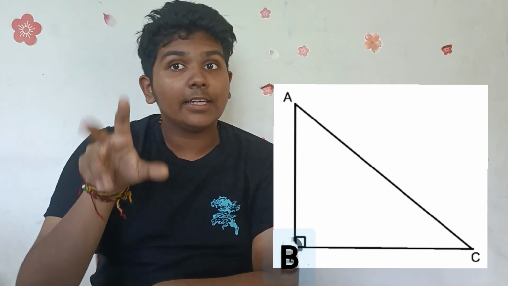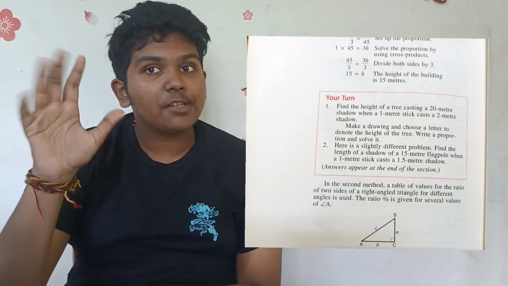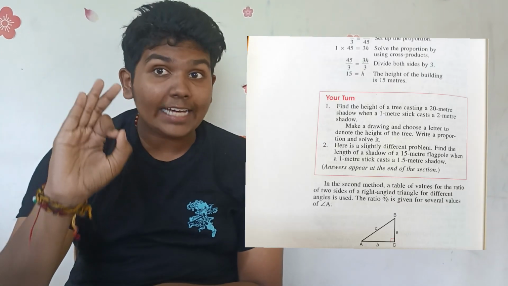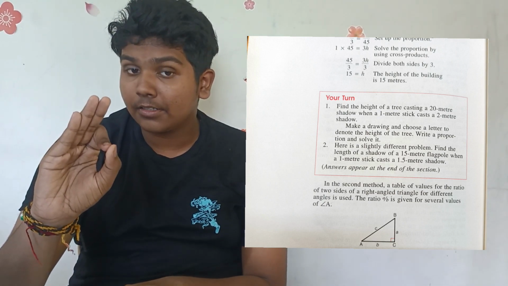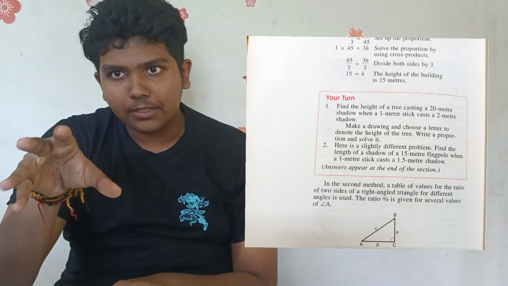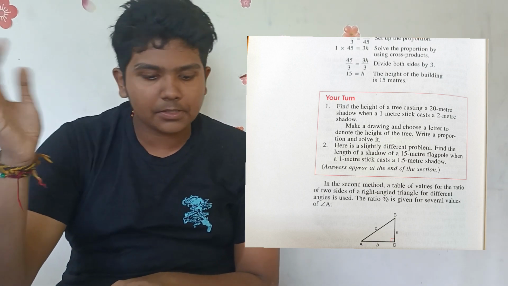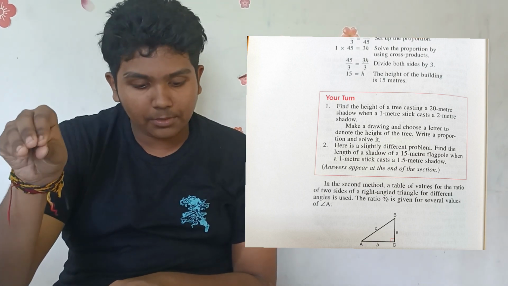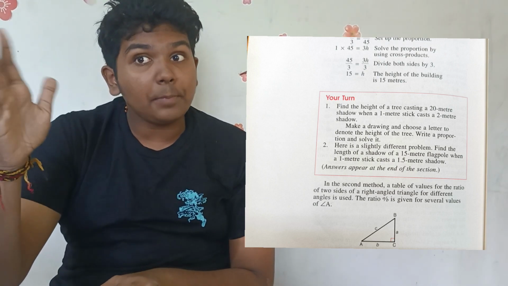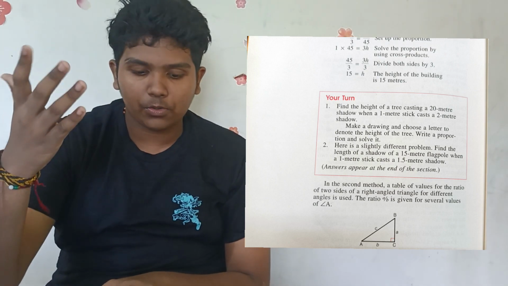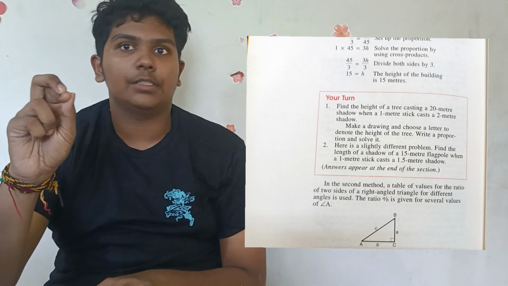So shall I give you another example? But this time you have to solve it, and you'll have to give the answer in the comments. The question is, find the height of the tree. The tree casts a shadow of 20 meters, where a 1 meter stick casts a shadow of 2 meters.